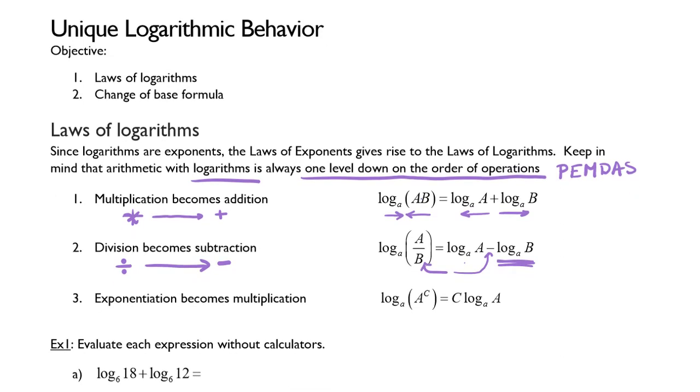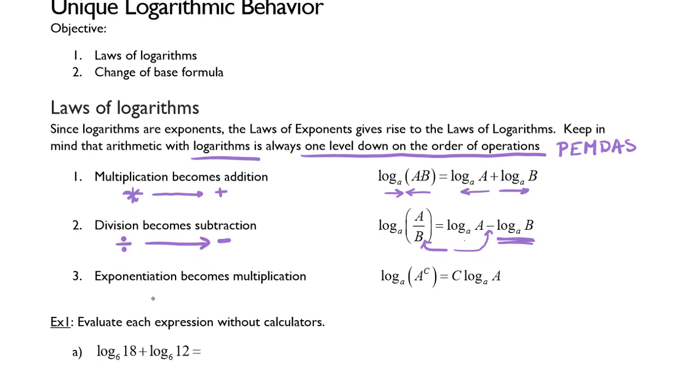And then finally we have exponentiation becomes multiplication. Let's just say a number raised to an exponent goes to multiplication.